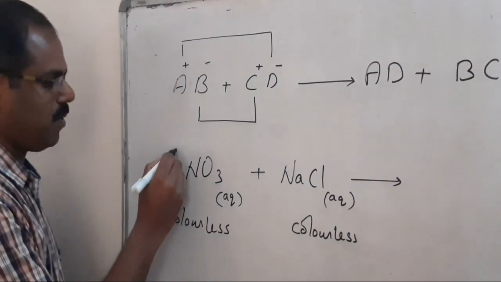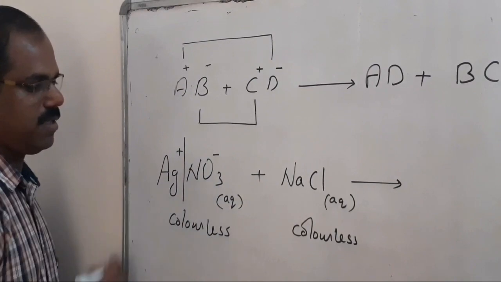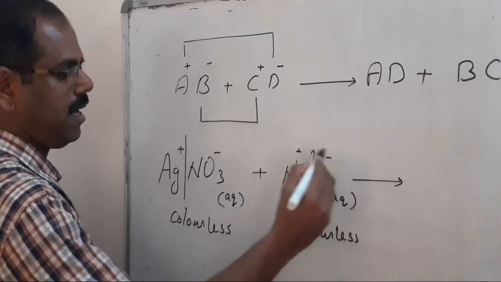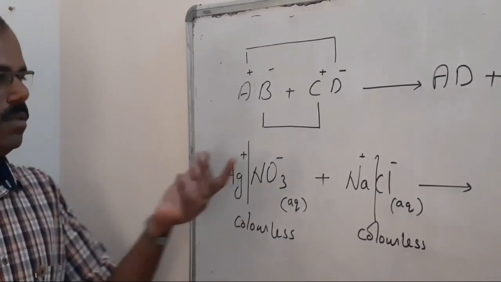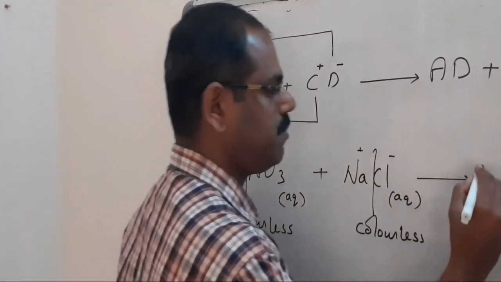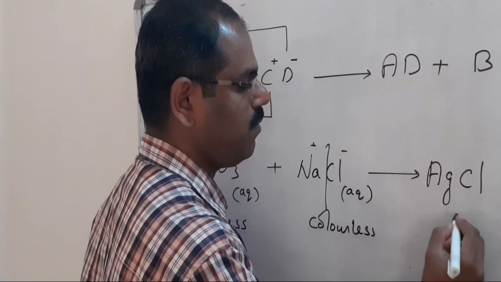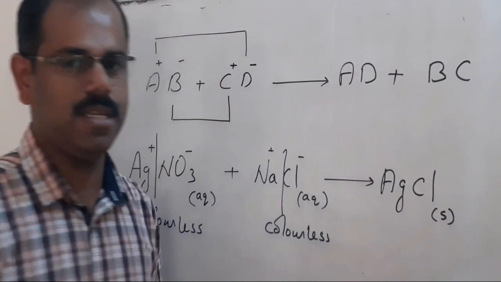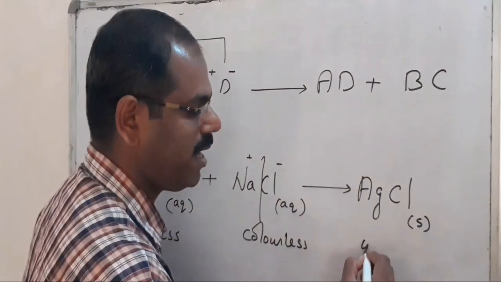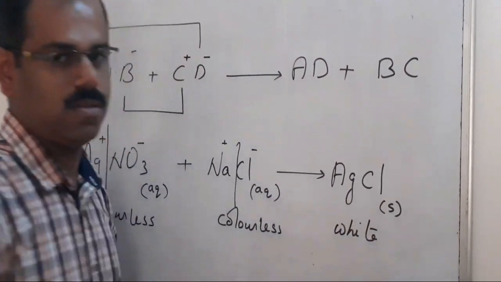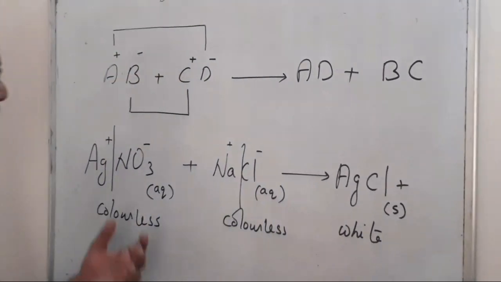So what we get? It is positive, it is negative. We can divide such a way. So positive silver goes with the negative chlorine. That means AgCl, which is a solid precipitate, white in color, a white solid. Plus what we get?